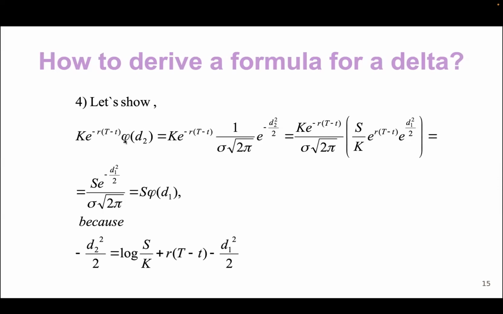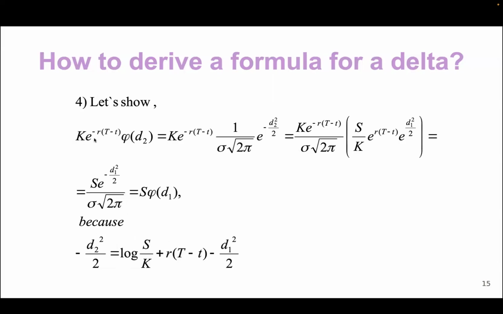we write instead phi from d2, the density function of a normal distribution, and after that we can replace d2 from previous slides. So after that k crossed, and we obtained this result, because it was on the previous slide.